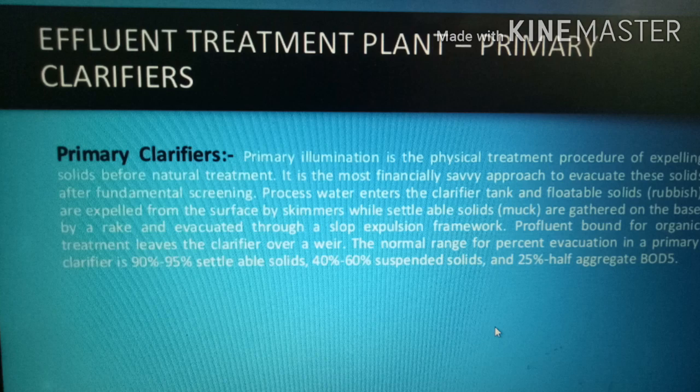The normal range of percent removal in the primary clarifier is 90 to 95% of settleable solids, 40 to 60% of suspended solids, and 25% of biological oxygen demand.